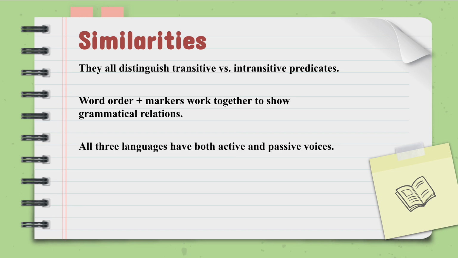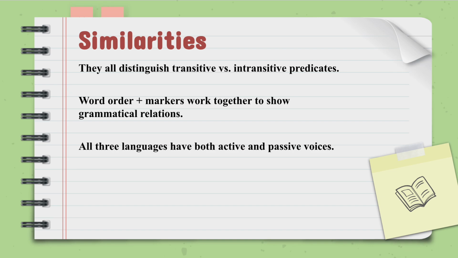Secondly, word order plus markers work together to show grammatical relations. For Mandarin, it's primarily word order, as well as function words like ba, bei, and context. For Japanese, particles like ga, o, ni, wa mark roles even when order changes from SOV to OSV.